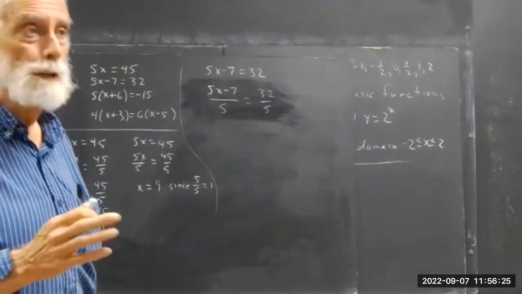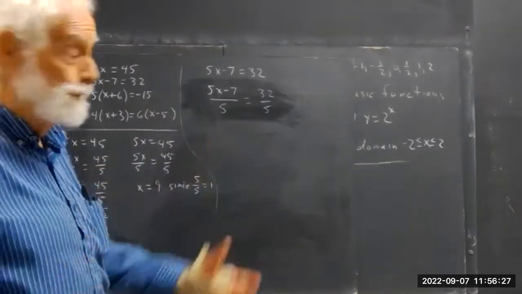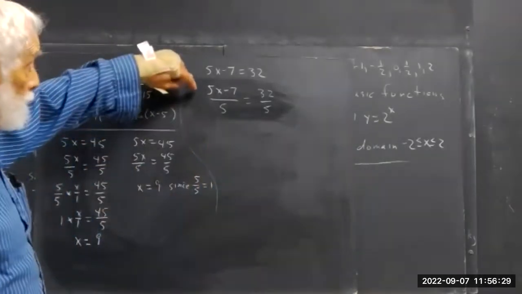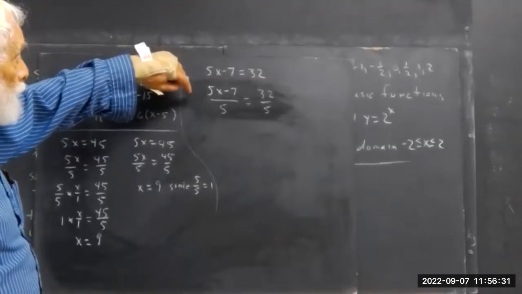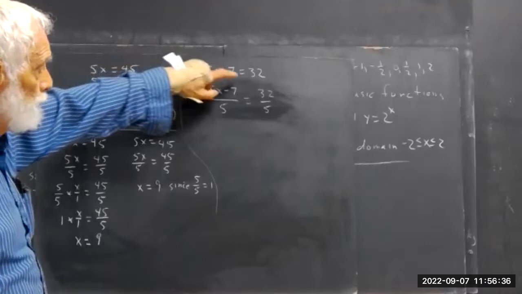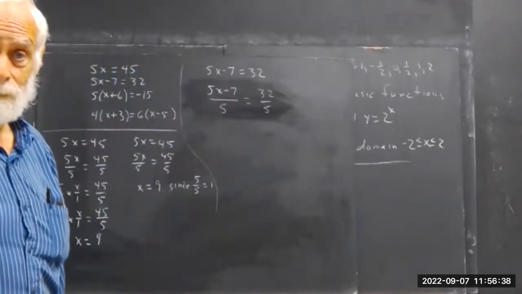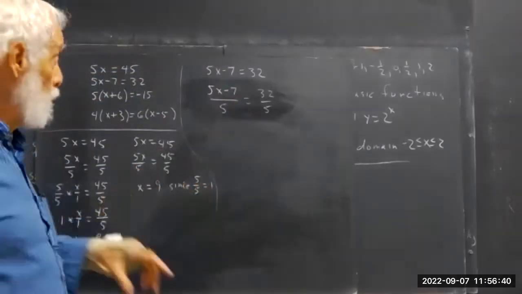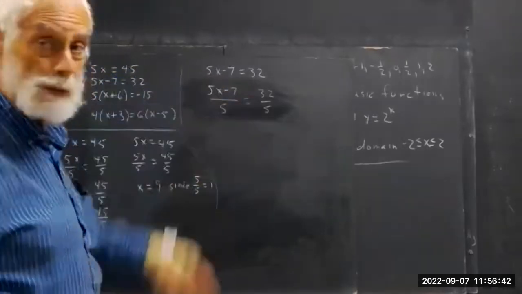Okay, actually we say distributes over addition. Some technicalities, we don't worry about that. This is like multiplying 1/5 by the quantity 5x minus 7. Meaning you'd have to multiply the 1/5 by 5x and the 1/5 by the negative 7.